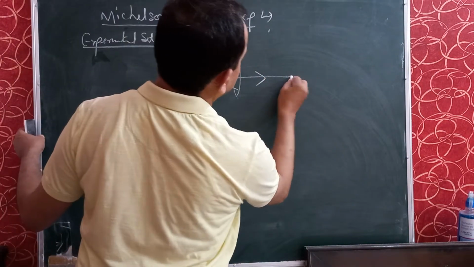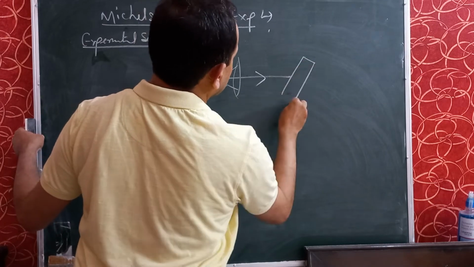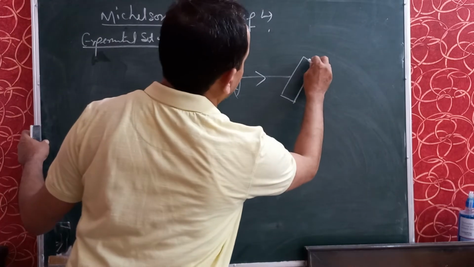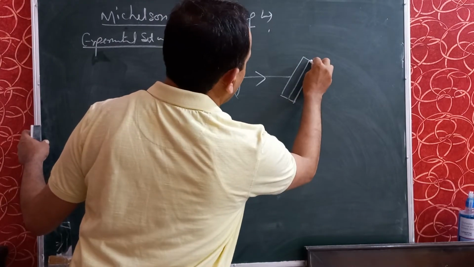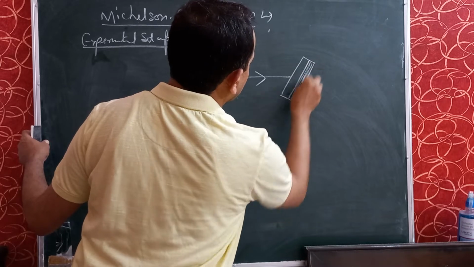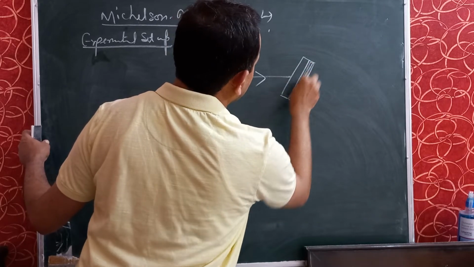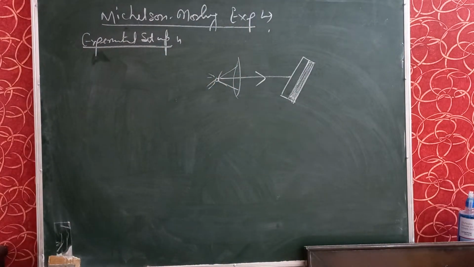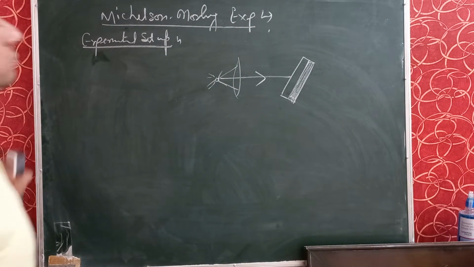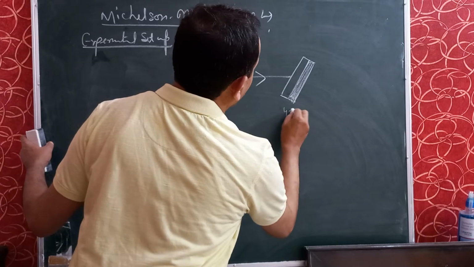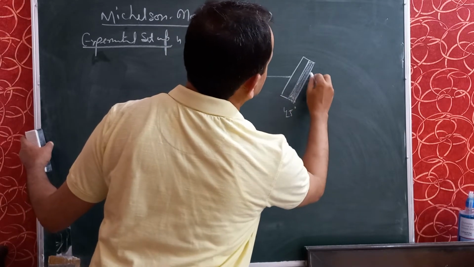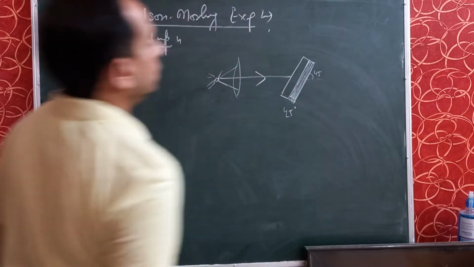This beam of light will strike a plain glass plate which is semi-silvered, meaning half the plate is silvered or polished with some opaque material and half is transparent. And it is placed at a 45-degree angle. The angle with the axis is 45 degrees.